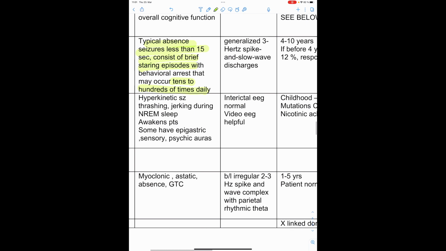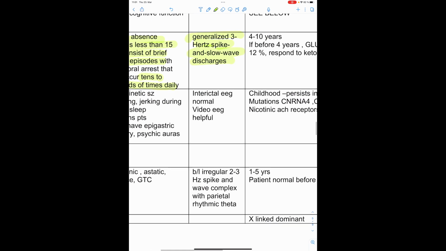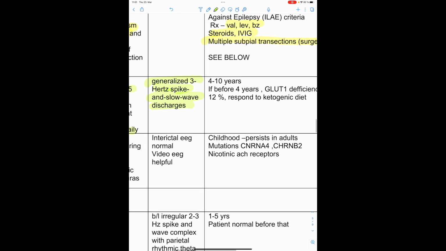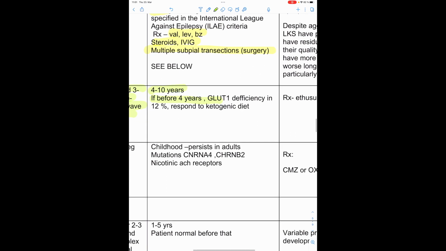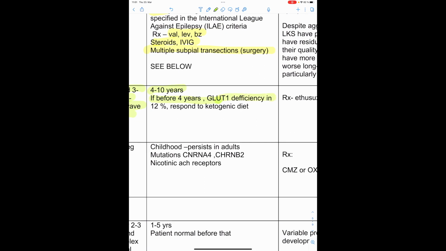There is generalized 3 hertz spike and wave, slow spike and slow wave discharges. The age range is 4 to 10 years, and if before 4 years, then GLUT1 deficiency is found in 12%, and they respond to ketogenic diet. So we should consider this.